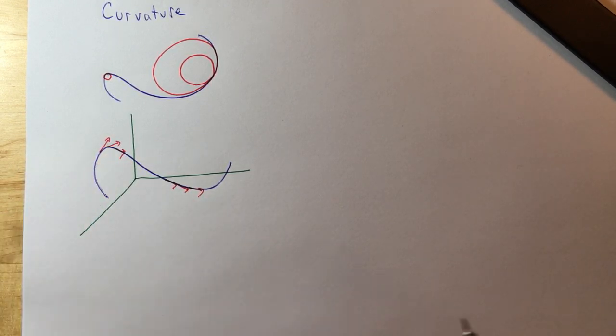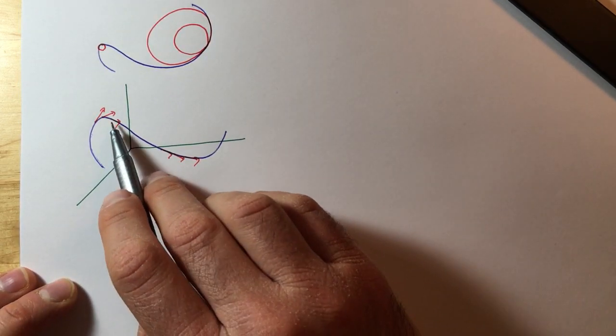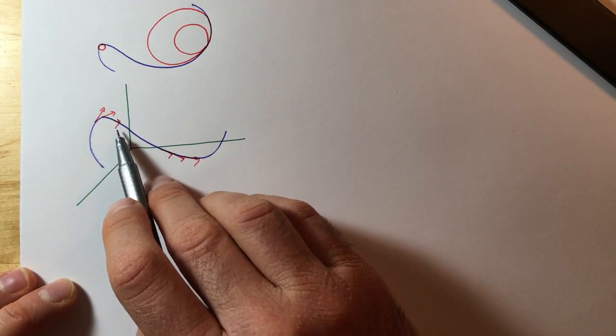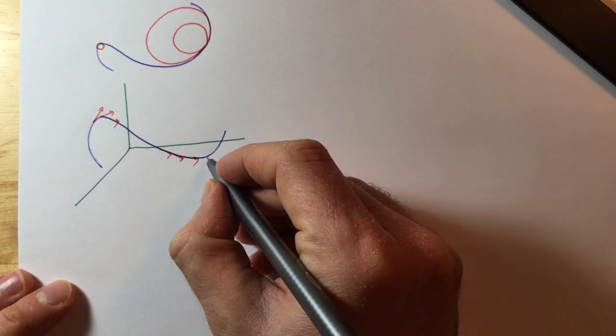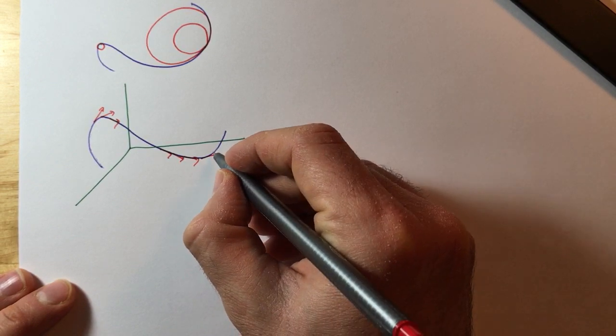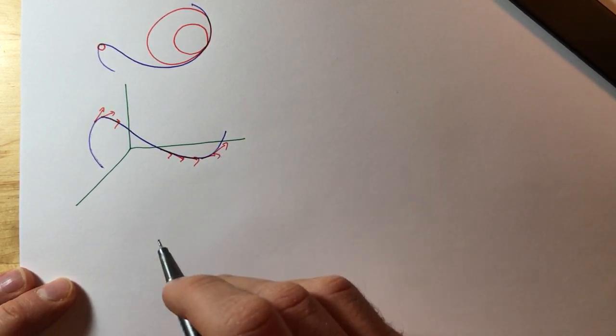That coincides with the intuitive idea of curvature, that the curve is curvier here. The curvature changes more abruptly here rather than here. And then here again it starts changing abruptly, which can be seen by the change in the unit tangent vector.